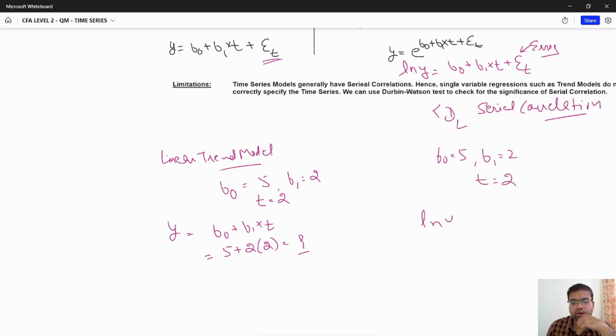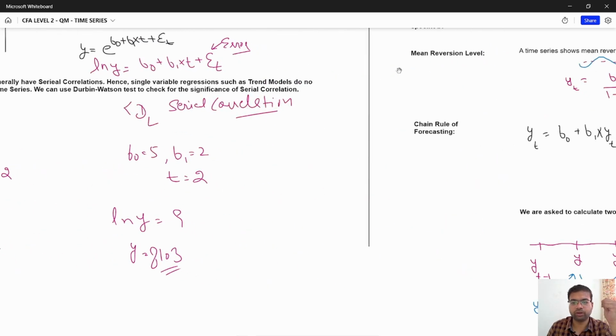Then y equals b naught plus b1 times t, which is 5 plus 2 times 2. It comes to 9. Similarly, for the log linear trend model, you are given b naught equal to 5 and b1 equal to 2, and you have to find the value at t equal to 2. Then ln y is equal to 9, the same value, and y is equal to 8103. So that's how you calculate the values for the linear trend model and log linear trend model.